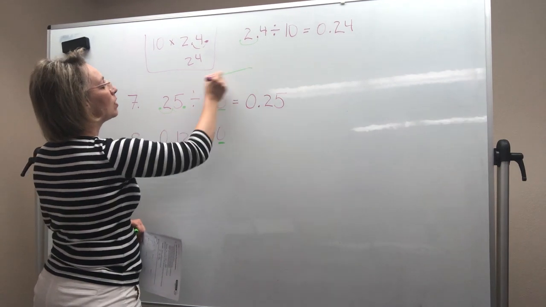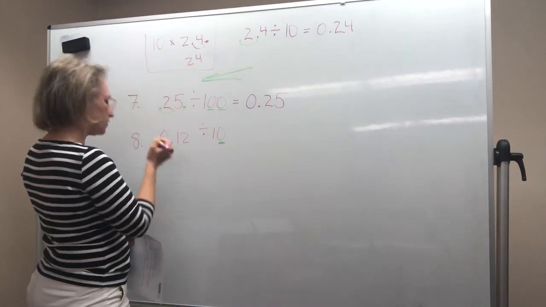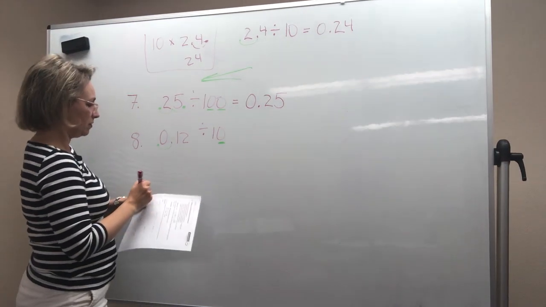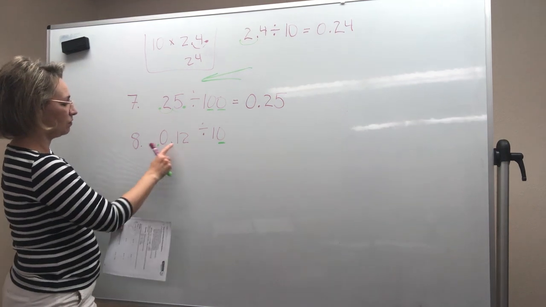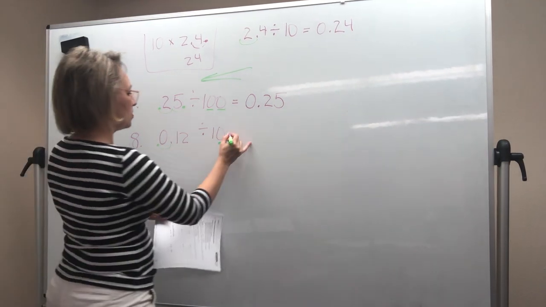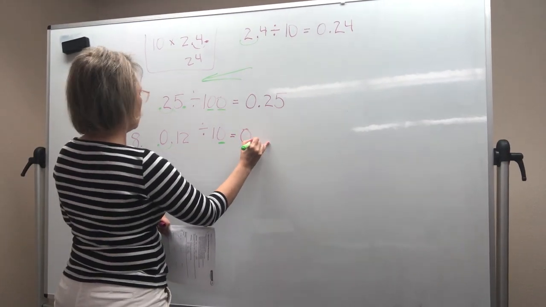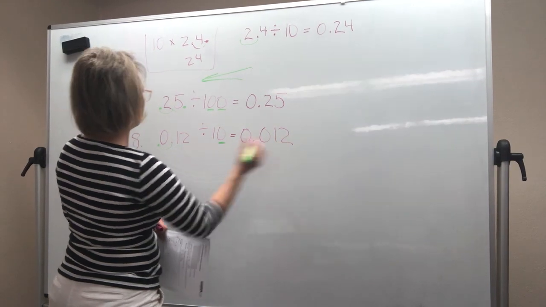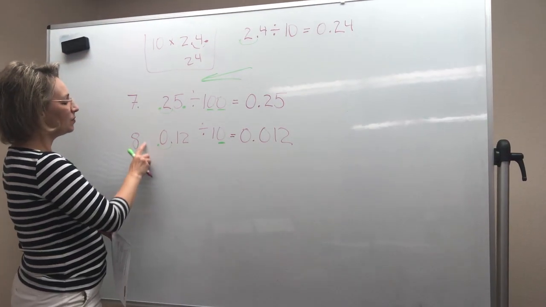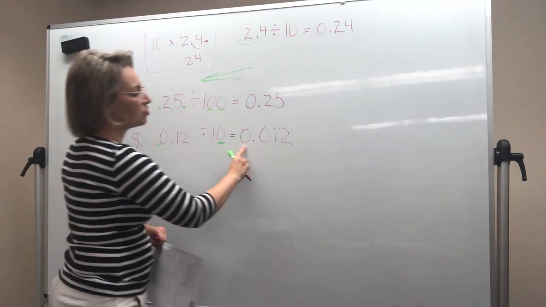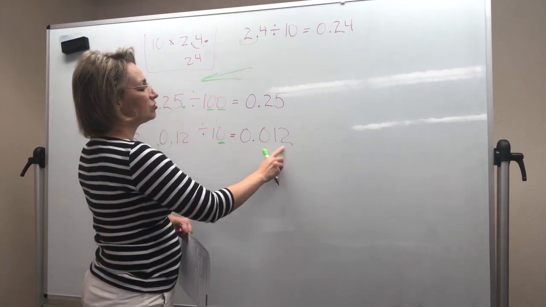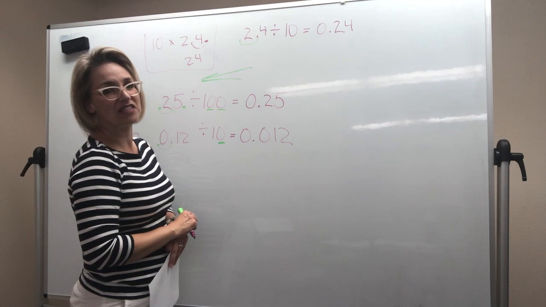Right there. Remember, we're always with division going to the left. So the answer is 0.012. See, I moved it this way, and I have to put a 0 out here before the decimal to show that there's no whole number. So the answer is 12 thousandths.